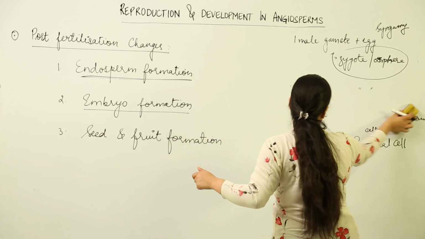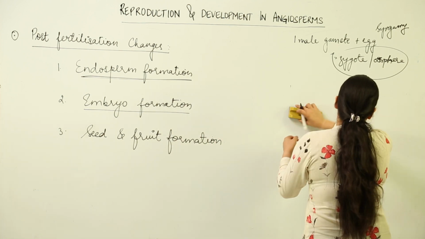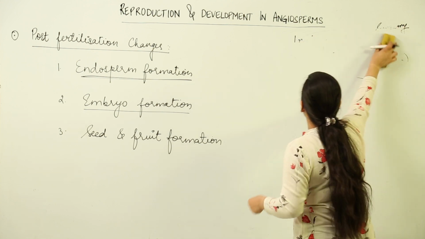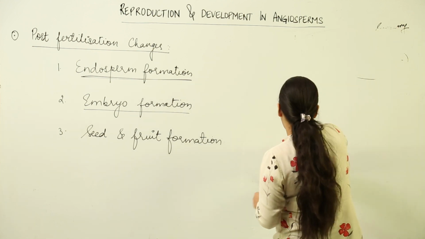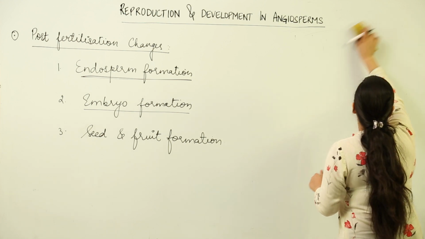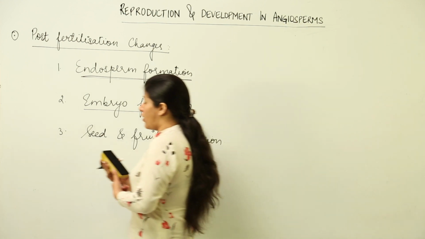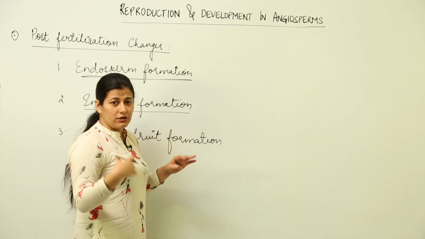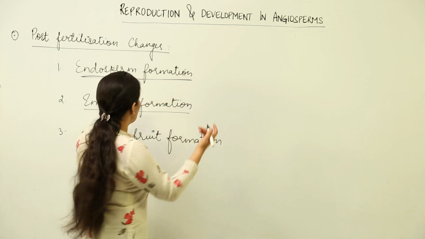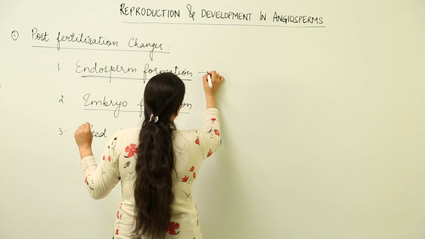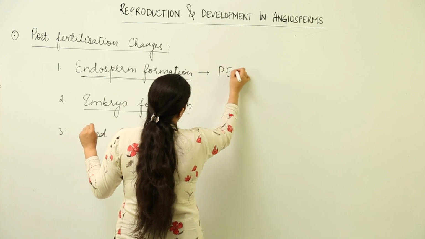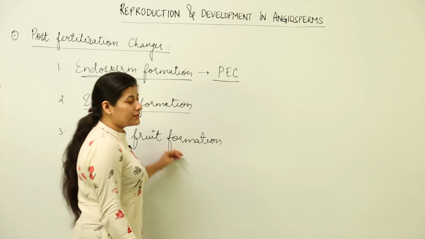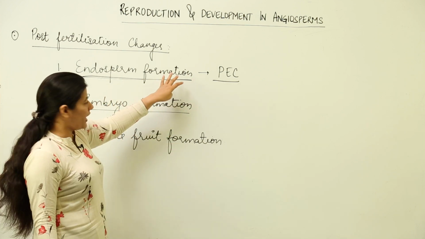So the formation of endosperm precedes the embryonic development, so that embryo is well nourished and fed by the cells of endosperm. So the primary endosperm nucleus would undergo continuous divisions and form the endosperm. Okay, so primary endosperm cell forms the endosperm.